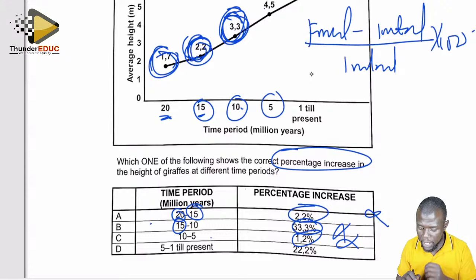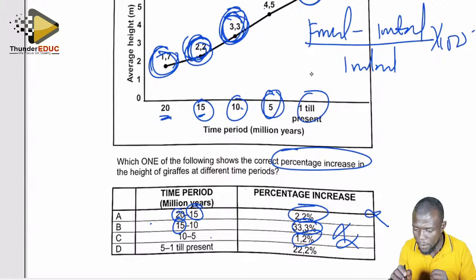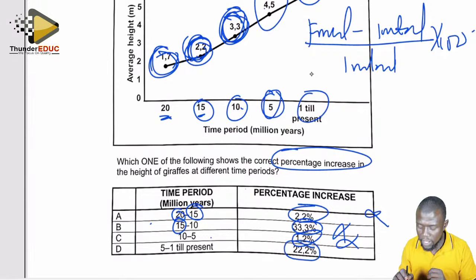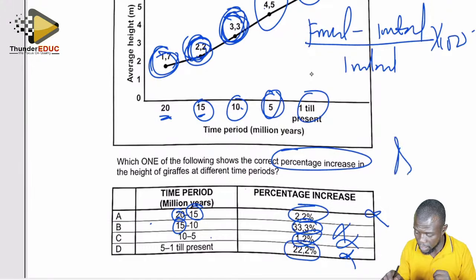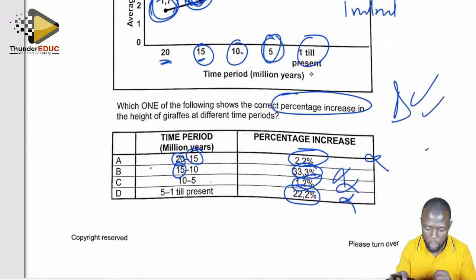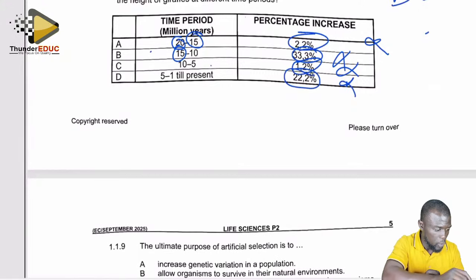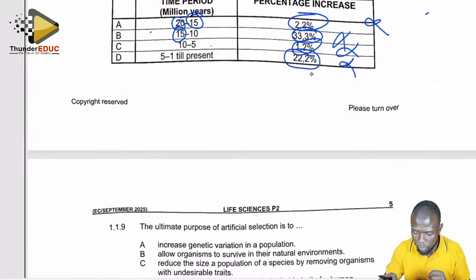Then 5 until present is 5.5 minus 4.1, that is 1, divided by 4.5, then times 100. If you get it, that's the correct answer. So our most correct answer here is D. You understand? Yes.